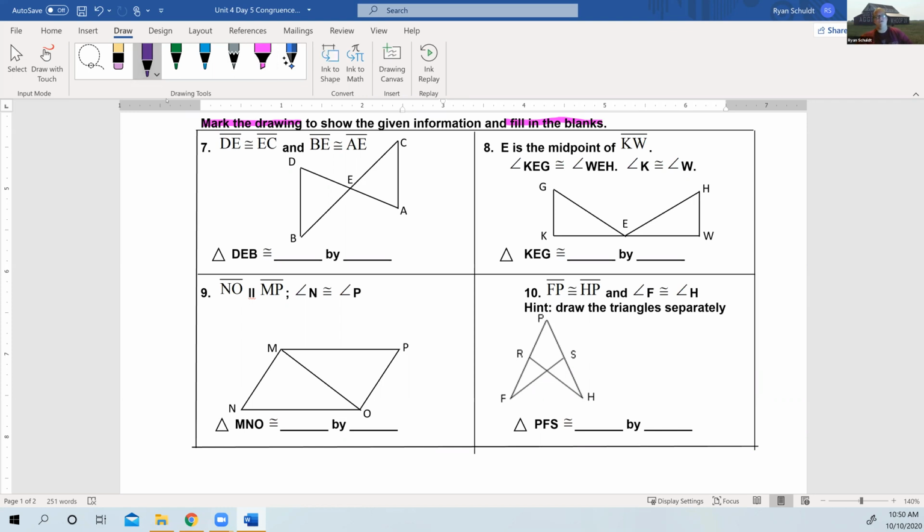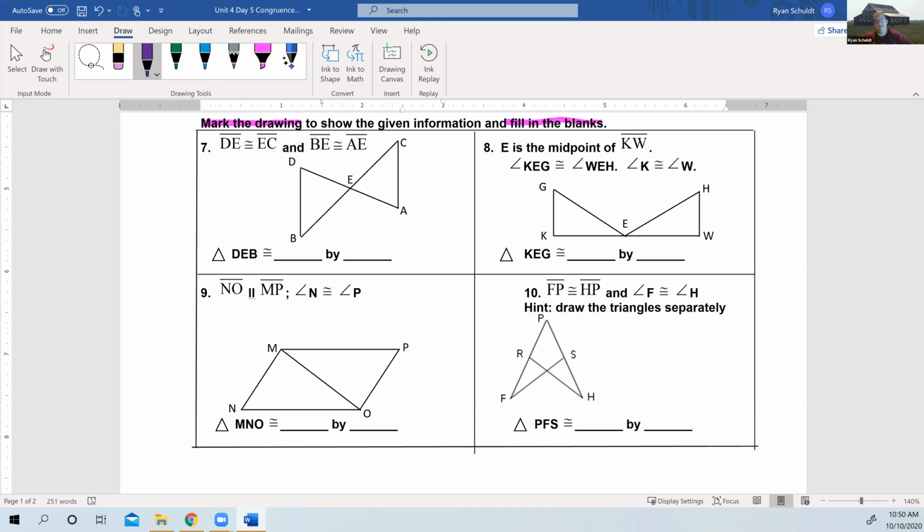Now, if you're virtual, chances are you can't mark the drawing on the Google form. So, for sure, you need to give me the blanks. Okay. Let's just mark what they give us then.